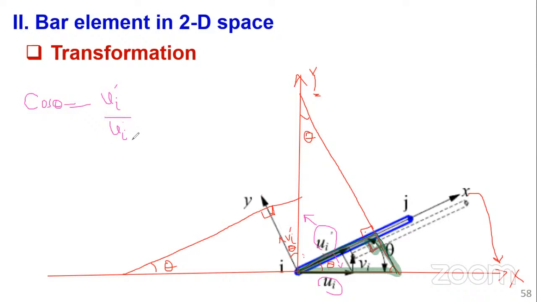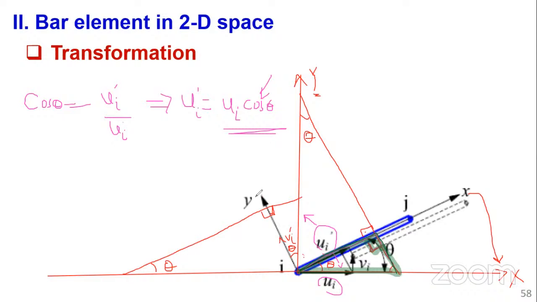Okay. So you can see I've been able to relate. In short, we can say u in the local coordinate system, ui prime, is equal to ui in the global coordinate system times cos theta. So you see, I can transform using this trigonometry, the cosine.